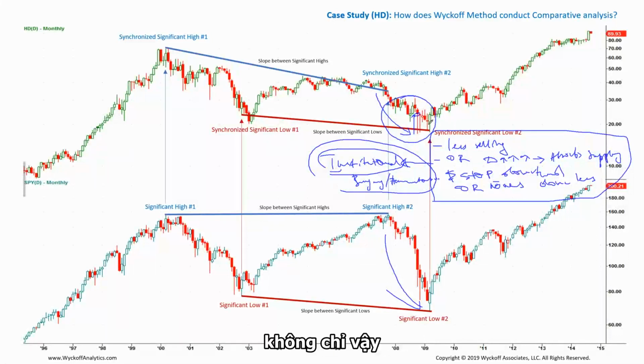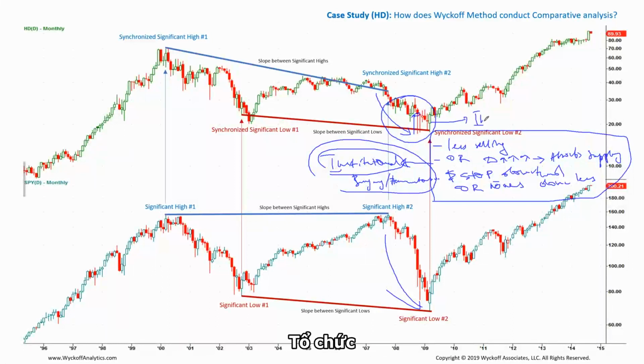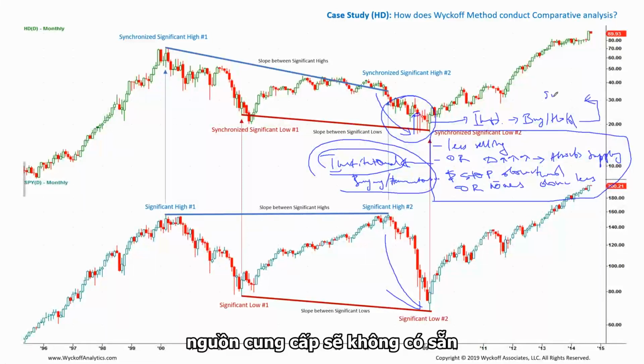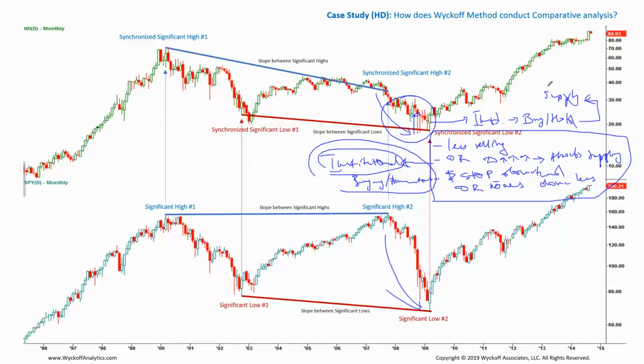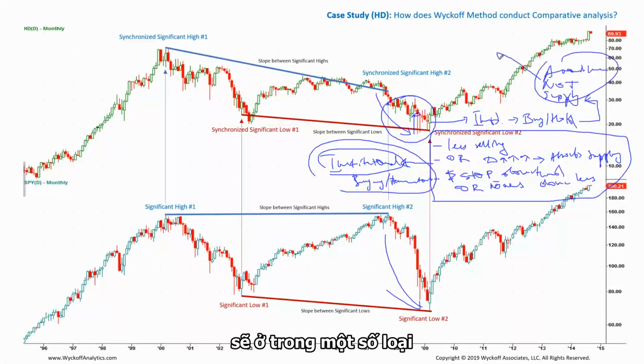Not only that, now if we're thinking that institutions are going to buy and then hold, this means that supply is not going to be available. Supply not available.